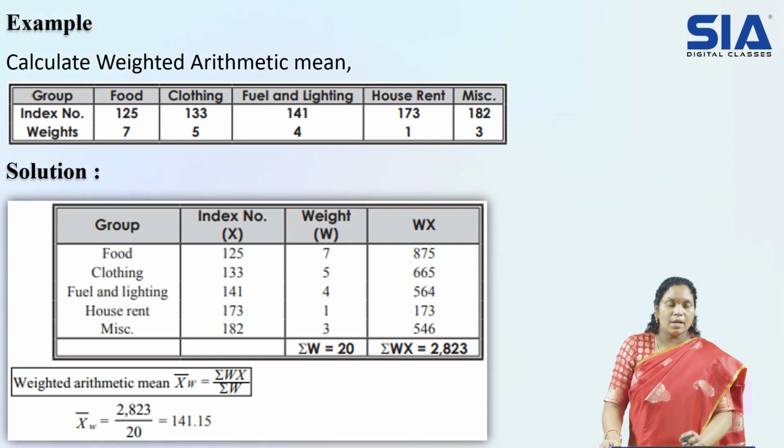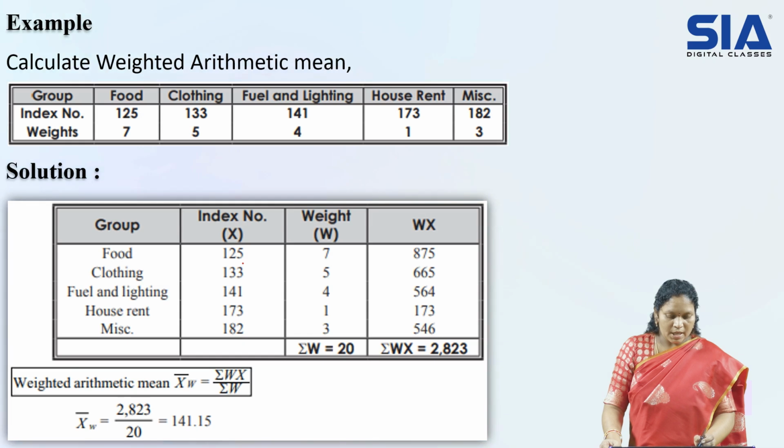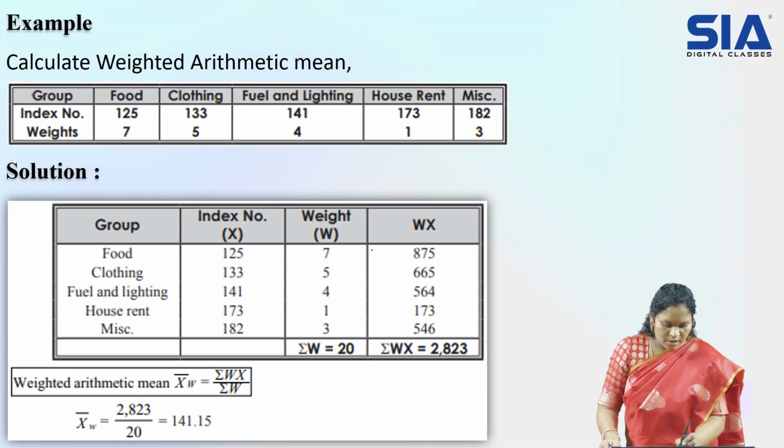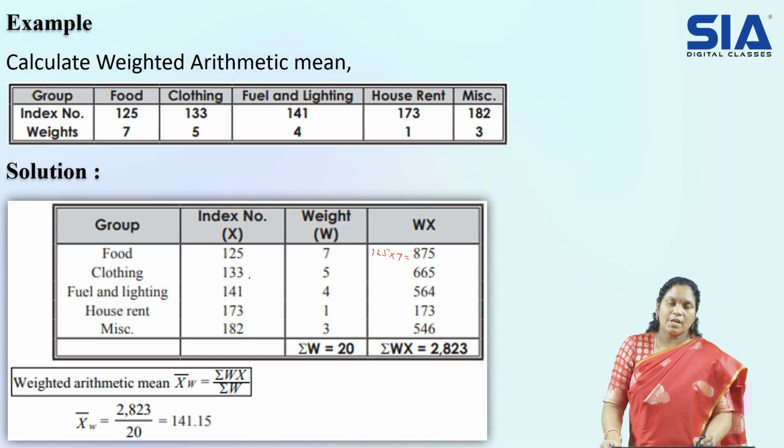Now let us multiply, because the formula we have is summation wx. So simply multiply the x values with the w values. 125 into 7 becomes 875. In that way each and every value of x is multiplied with its weight, and you get the wx values.